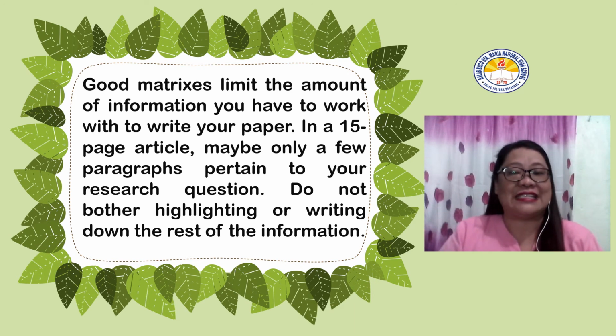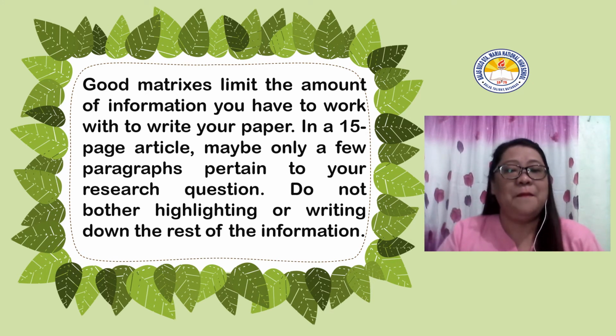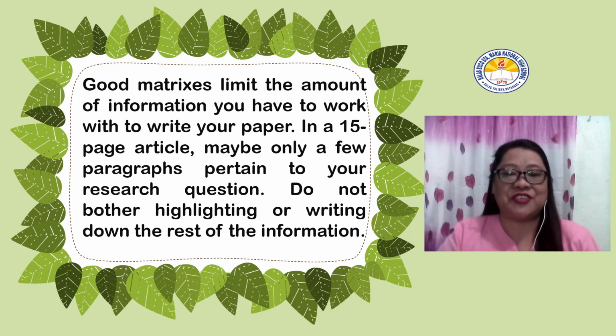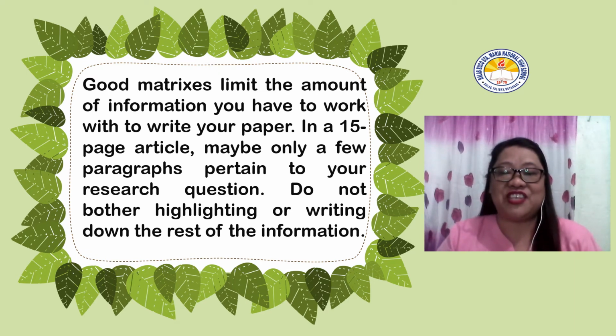Good matrices limit the amount of information you have to work with to write your paper. In a 15-page article, maybe only a few paragraphs pertain to your research question. Do not bother highlighting or writing down the rest of the information.